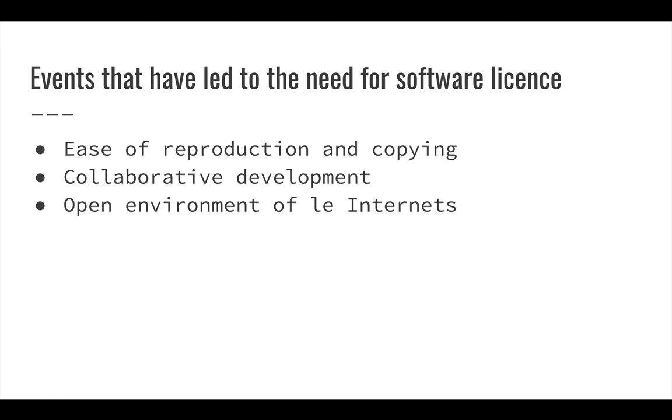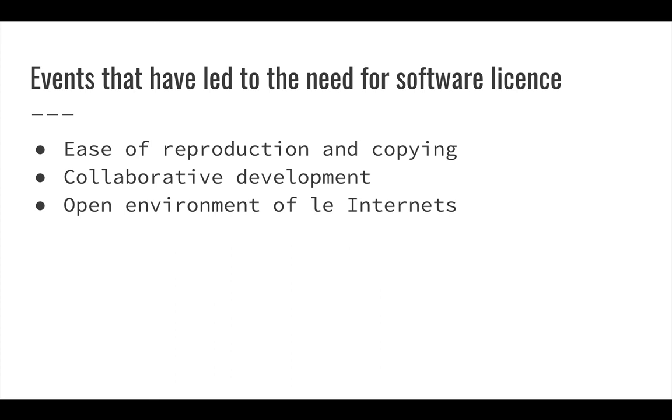The other reasons that have led to the need for software licenses is particularly the fact that a lot of software is collaboratively developed, i.e. more than one person has developed it. So we need to be really clear about the way in which you engage with this piece of software, so this person and this person and this person all get access and get recognition.